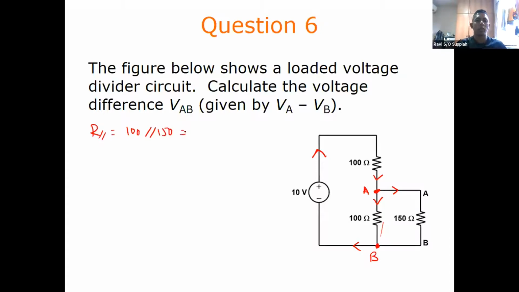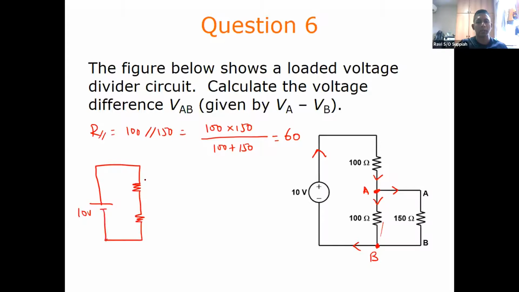For two resistors in parallel, there is a shortcut formula, which is 100 multiplied by 150, R1 times R2 divided by R1 plus R2. This is the shortcut formula you can use if you only have two resistors in parallel, and that will give you 60 ohm. That means this circuit is now transformed to look like this, where you have 100 ohm here and you have 60 ohm. So this is your A and this is your B.